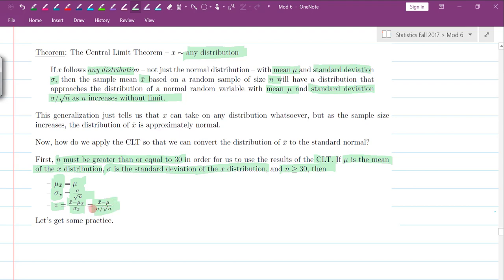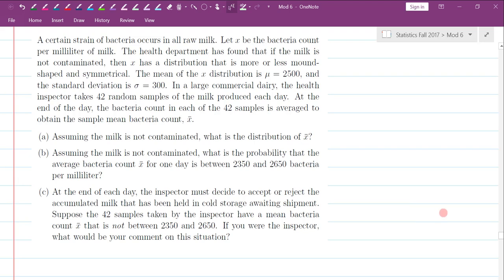Okay, so we're going to practice this some more. It says here, a certain strain of bacteria occurs in all raw milk. Let X be the bacteria count per milliliter of milk. The health department has found that if the milk is not contaminated, then X has a distribution that is more or less mound shaped and symmetrical.